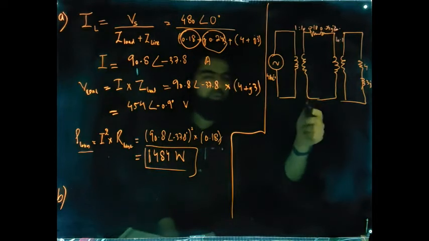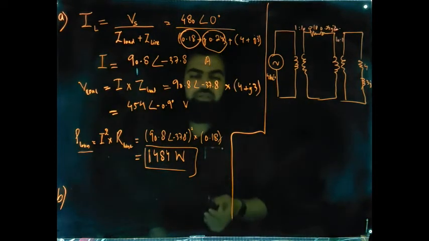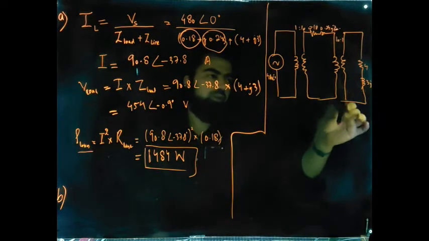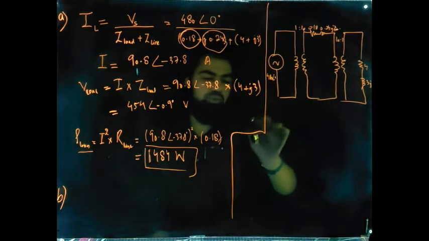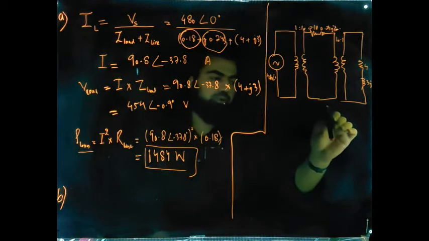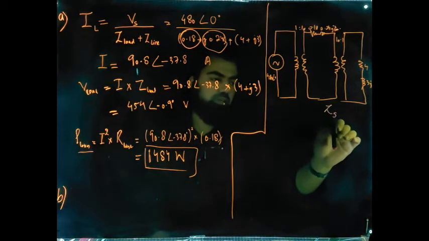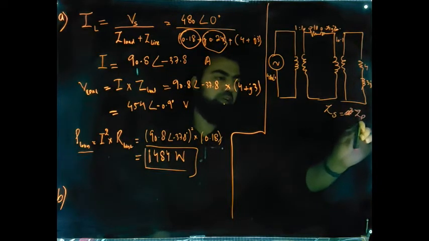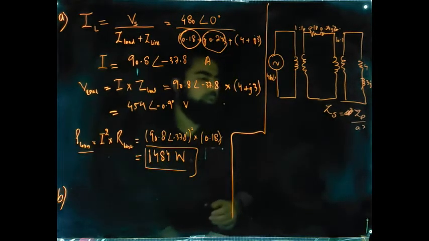So what we can do is use the impedance transformation that we have just studied. The equation for impedance transformation that we derived was Zs is equal to Zp divided by A squared.